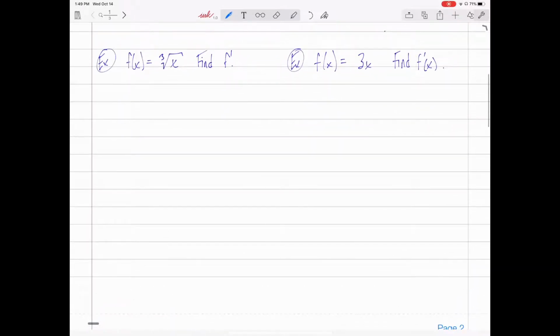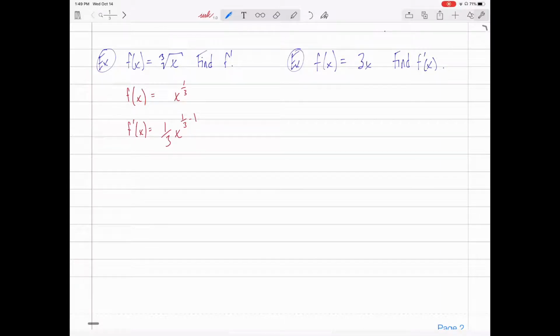Okay, let's do a couple of these. Cubic root of x, find f prime. So again, we have to rewrite this one so that we can see a power. So this is x to the 1/3. And I'll write down the little minus ones and all that in this case. So f prime of x is going to be 1/3 times x to the 1/3 minus 1.